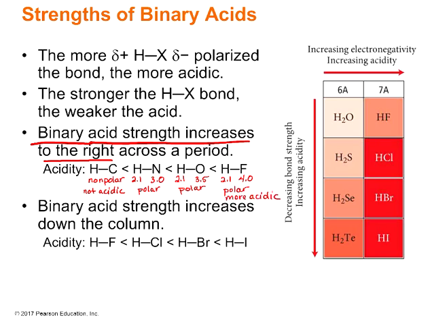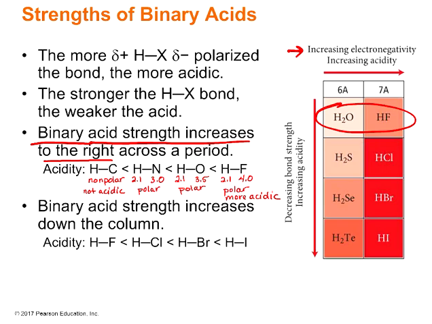So that means that hydrofluoric acid will be more acidic than water, for instance. So if we're looking on our chart off to the right, up above you can see that increasing electronegativity equals increasing acidity, going left to right.